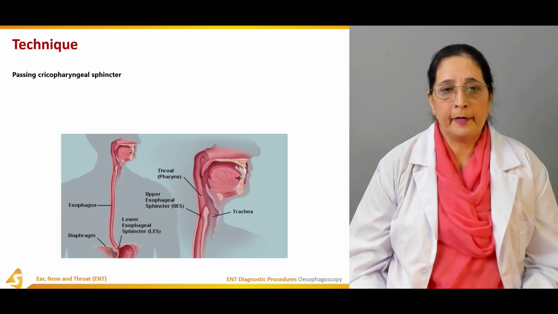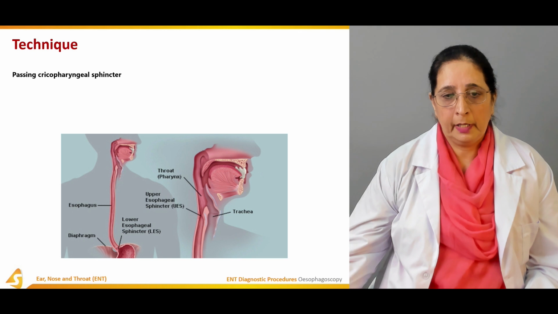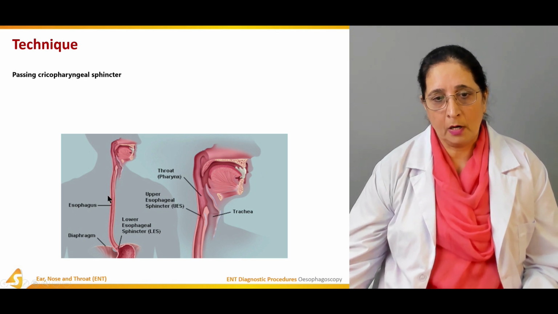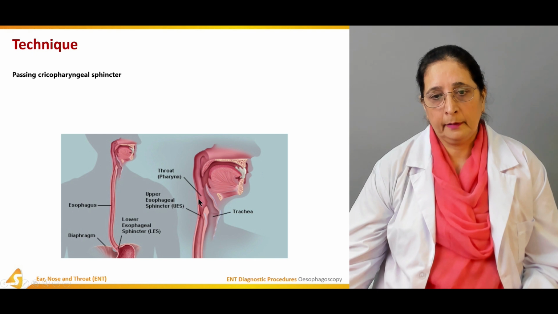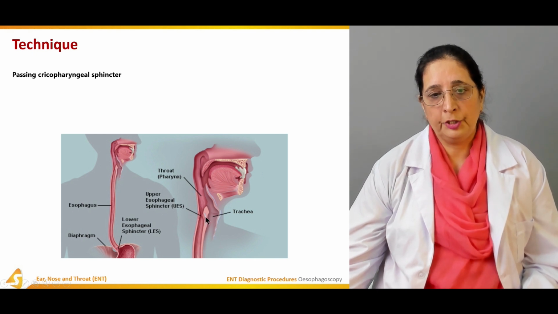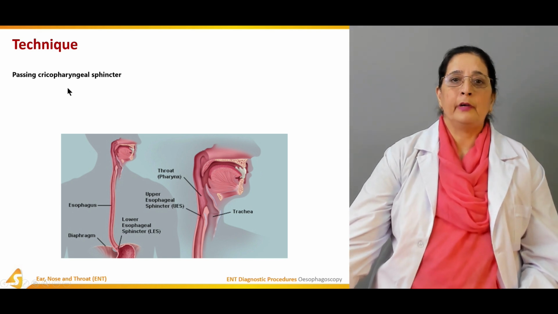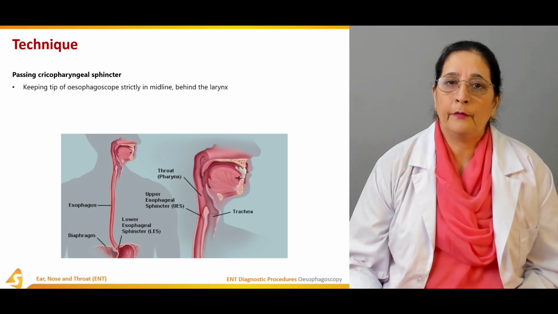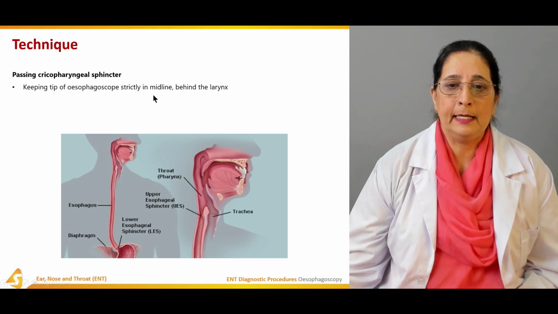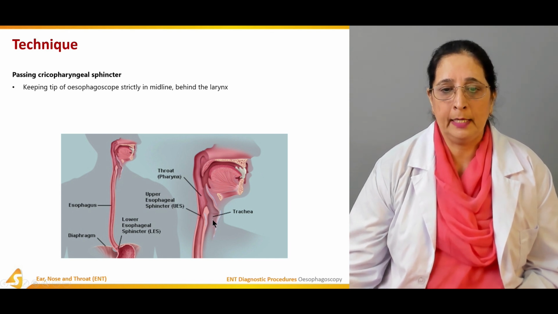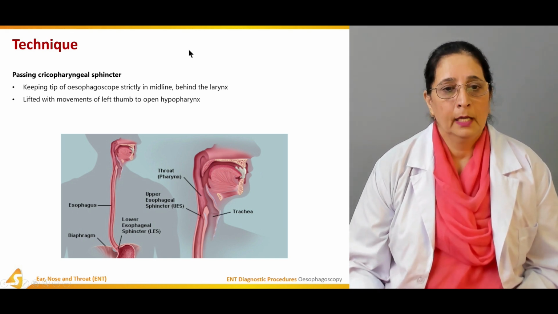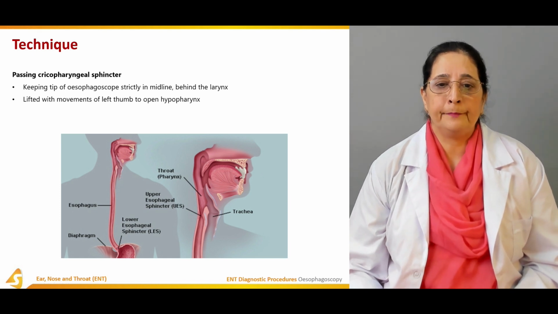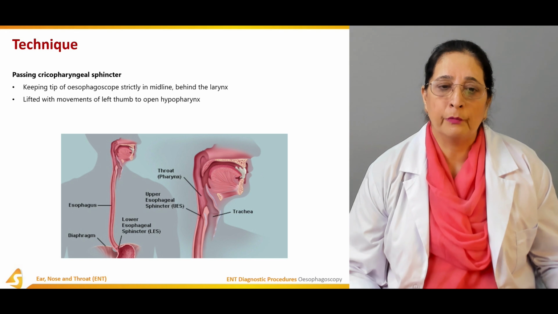Passing the cricopharyngeal sphincter: here you can see the esophagus, a long tube, with the upper esophageal sphincter, pharynx, throat, and trachea. Keep the tip of the esophagoscope strictly in the midline behind the larynx, lifted with movement of the left thumb to open the hypopharynx.